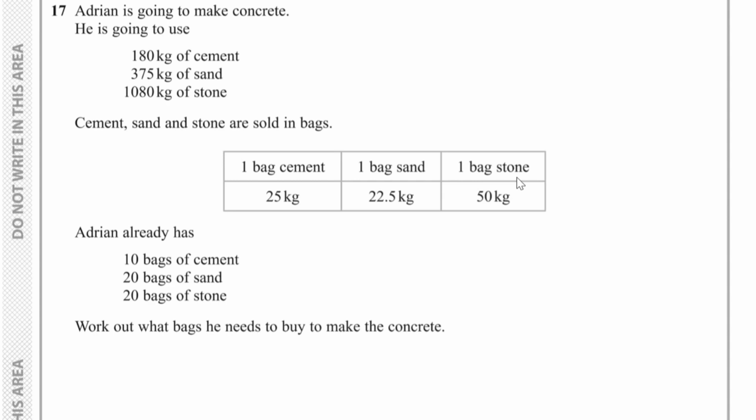Well, what we can do is find out how many bags of cement, sand and stone he has. So for cement, well, we've got 180 kilograms of cement, and we know one bag contains 25 kilograms.